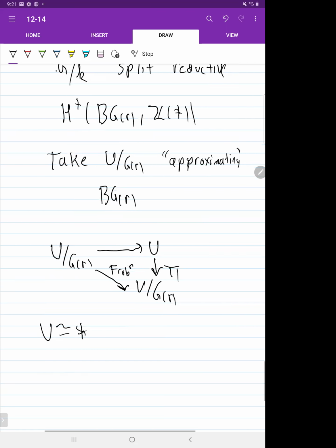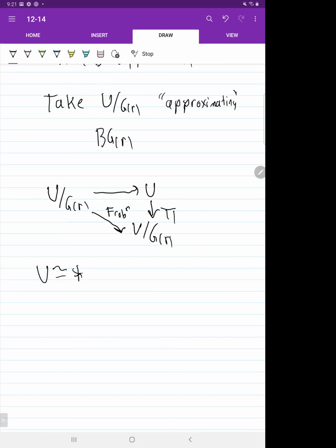So in particular, if you have a reduced cohomology class, so take an element x in the motivic cohomology of BG_r, and then you can pull it back to a point.